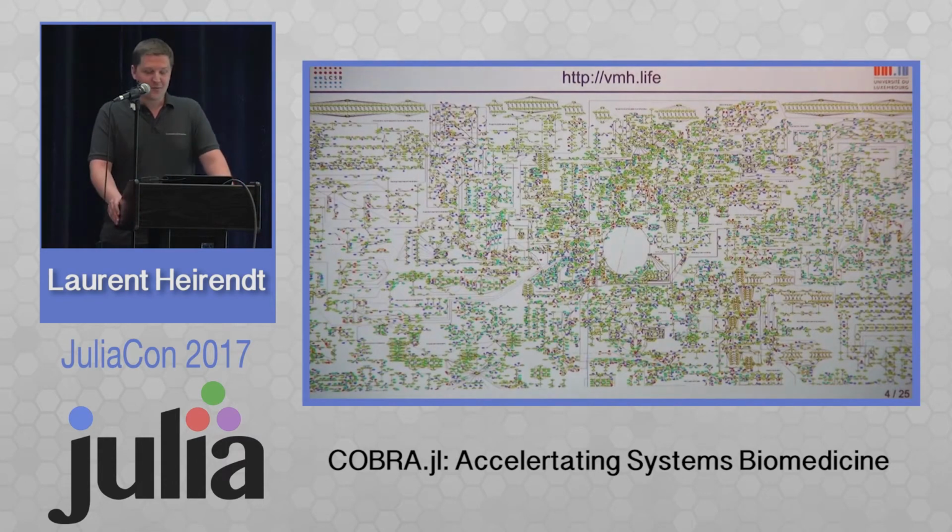So in our group in Luxembourg, we are developing, as I said, biochemical networks. And you might think, well, if it's such a nice idea to represent a network, then feel free to browse to vmh.live. It's actually a Google Maps API that's being used.